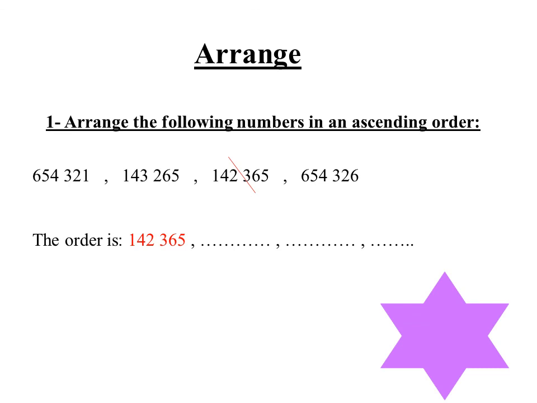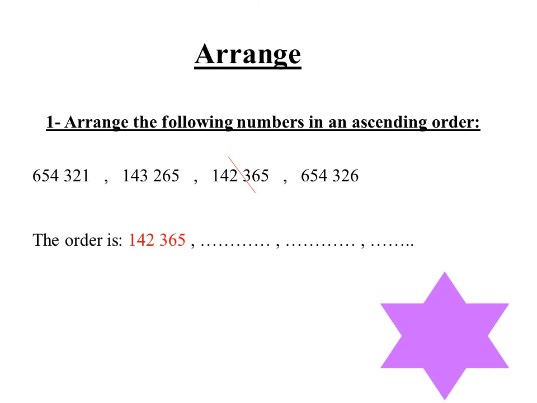Arrange the following numbers in an ascending order. As we know, ascending means from the smallest to the greatest. So, as we said, to compare the numbers, first we have to count the digits. All of the numbers have 6 digits.